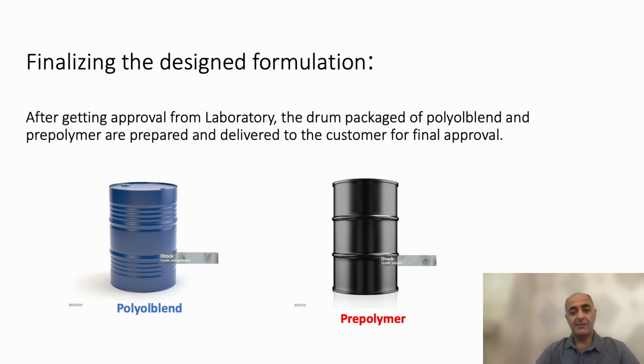And after getting the positive results of this 1-day trial, the customer will issue the final approval for this system, and the customer enters the system name into his master list, and they can continue ordering this system for mass production.